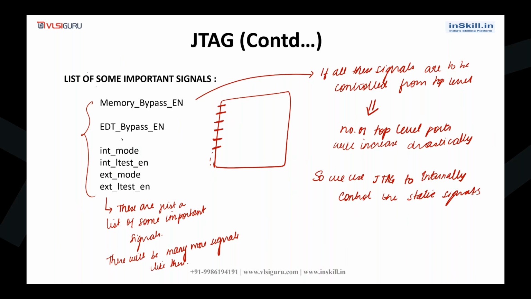Here I have kept a list of some important signals, just a list of some important signals alone. There will be many more signals like these. If you allocate a top level port to control each and every signal, such as memory bypass enable, EDT bypass enable, int mode, Intel test enable, then the number of top level ports will increase drastically.